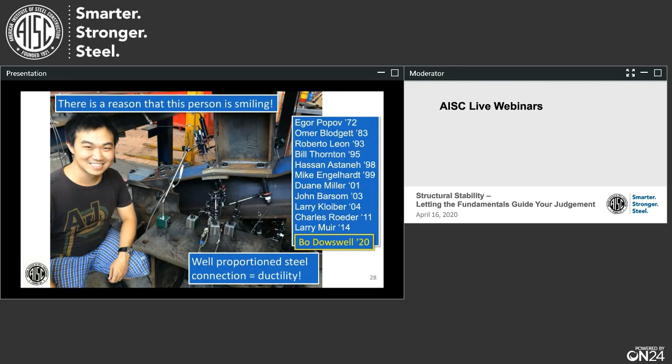But the first one I want to start off with is Professor Popov in 1972. The reason that's key is he was the first recipient of the T.R. Higgins Award. And now almost 50 years later, this year's recipient for the 2020 award is Bo Dowswell. So quite an exciting list of folks, and many of them are friends of mine, so it's great to see their names. And a special shout out again to Bo for winning this year's award.